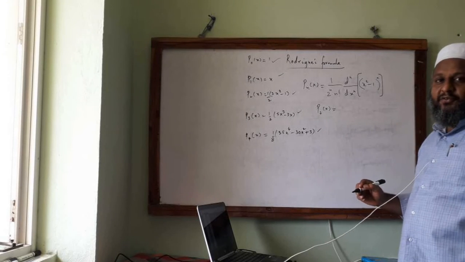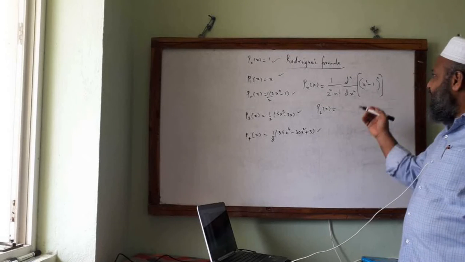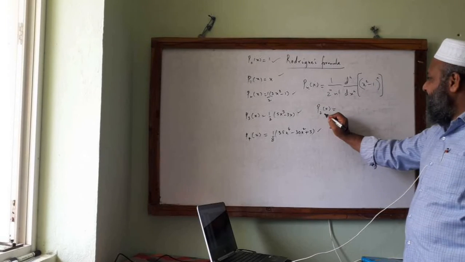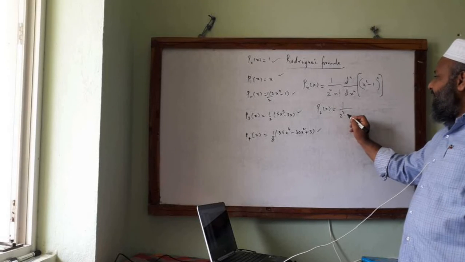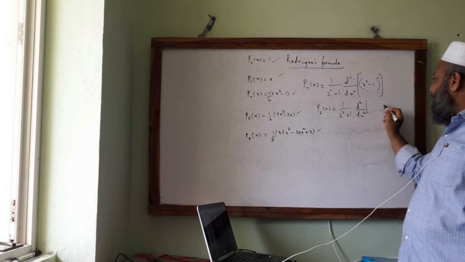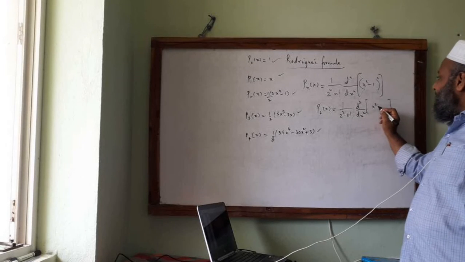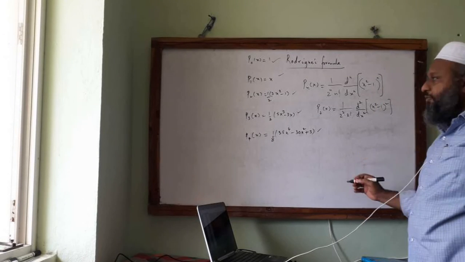Okay, P2 of x, it is not verification, it is for our satisfaction. Of course there is no need of verifying, it is a proven formula. Okay, P2 of x is 1 by 2 power 2 into 2 factorial into the second derivative of x square minus 1 whole square. I have just substituted the n value 2 here.